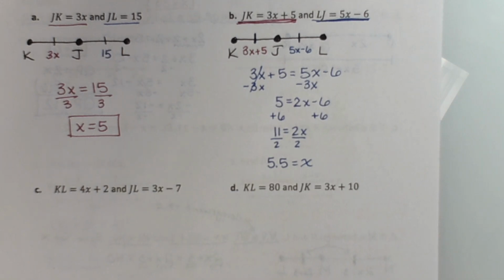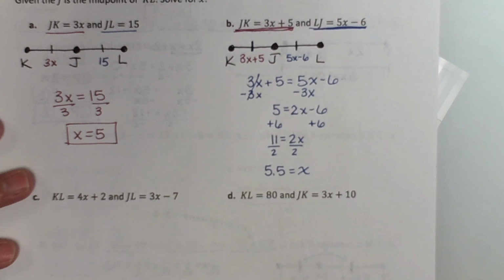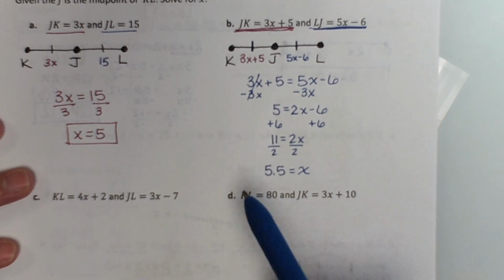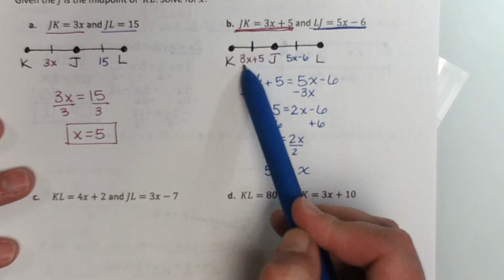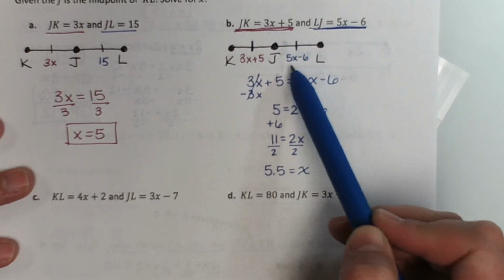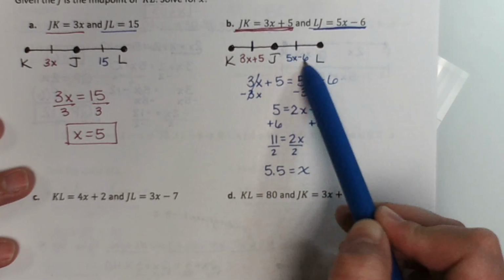Is x what we were trying to solve for? Yeah. The instruction said solve for x. What if they said find KJ? Yeah, we plug 5.5 in for the x. If I said KJ, I'd be plugging it into this one. If I said LJ, I'd be plugging it into this one.